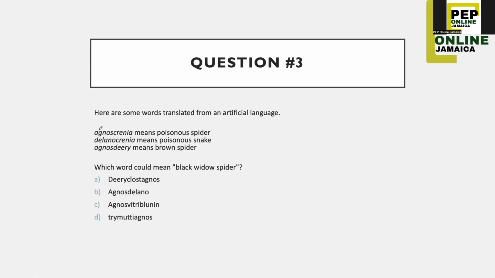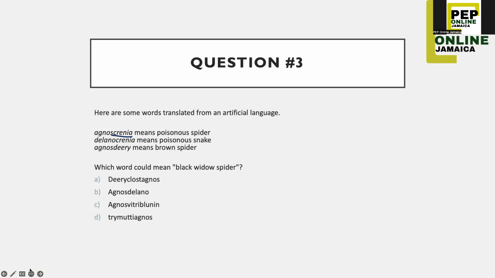But when you look at the beginning of this, we have agno and we have delano. So we pick up right away that the word is written in the opposite order, right? So poisonous is at the beginning in the reading language that we know, but in the artificial language, poisonous is at the back.